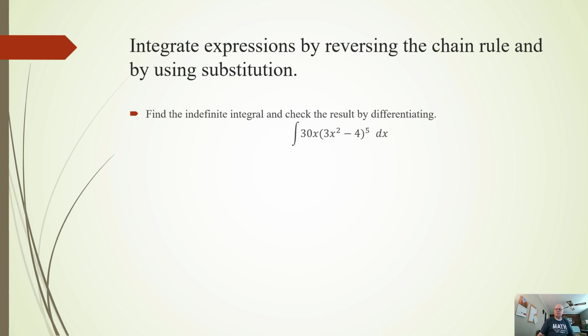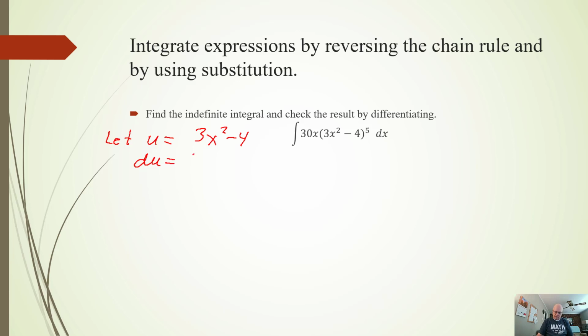Next, we'll find the indefinite integral for this one. And to begin, what do you think u is going to represent? Well, if you guessed 3x squared minus 4, you'd be right. And you know you're going to differentiate, change this into a differential equation.